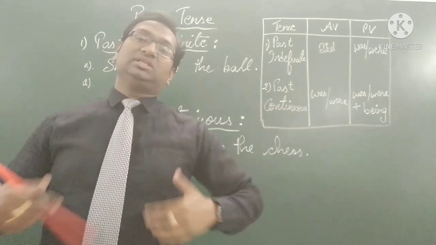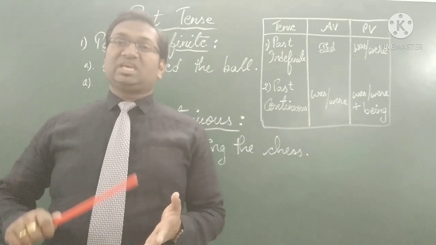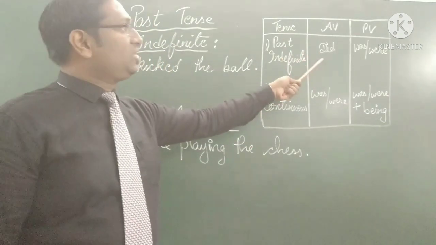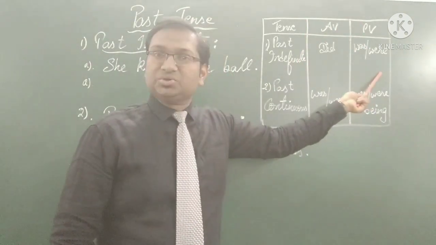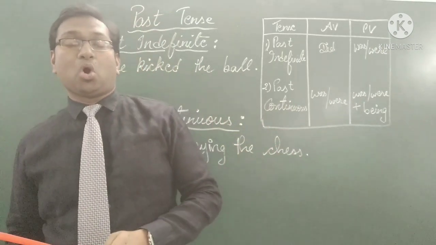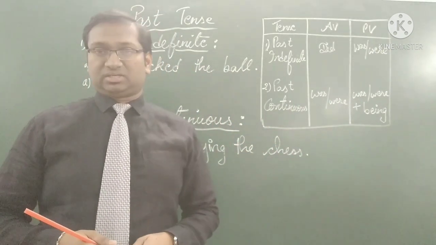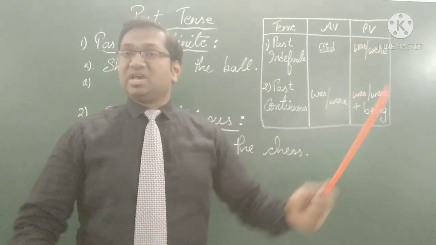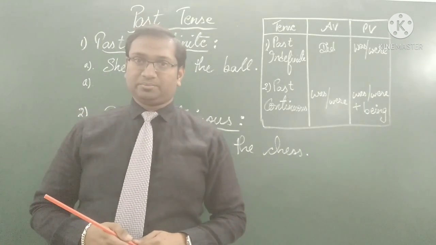Did means all the ed, en, on forms: walked, jumped, kicked, like this. So in active voice if it is did, in the passive voice what are we going to use? We are going to use either was or were according to the subject. If the subject is singular, we use was. If the subject is plural, we use were.